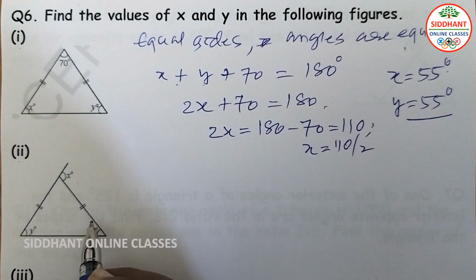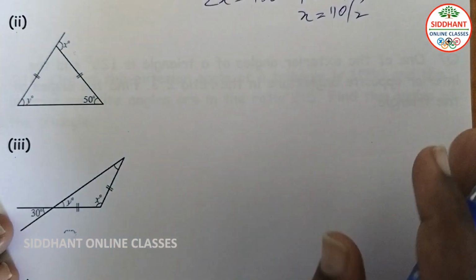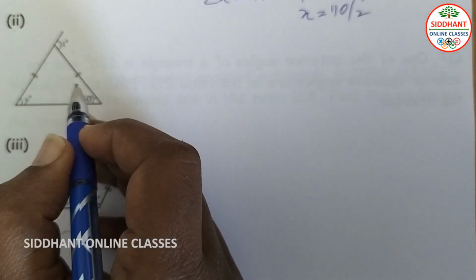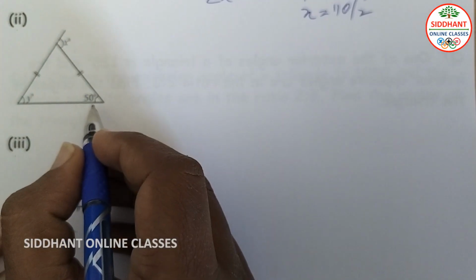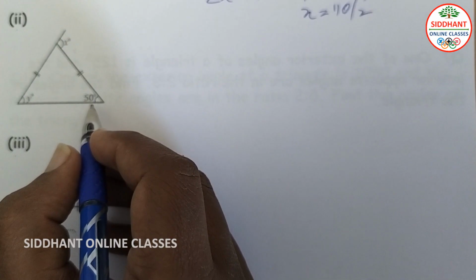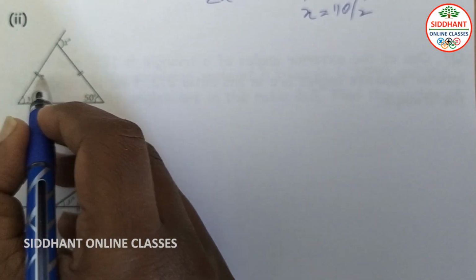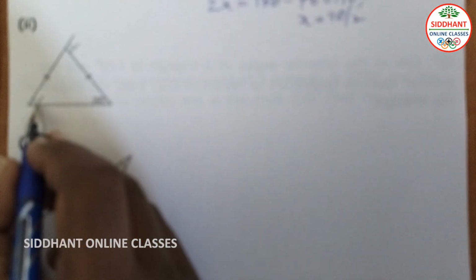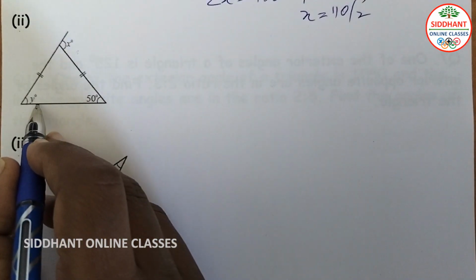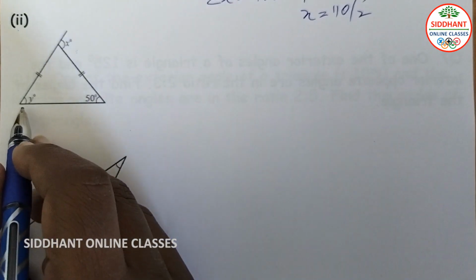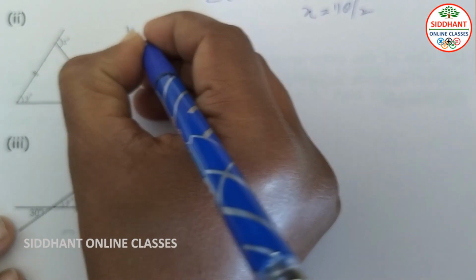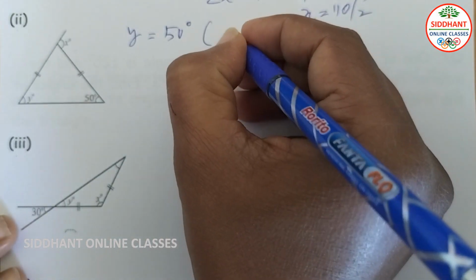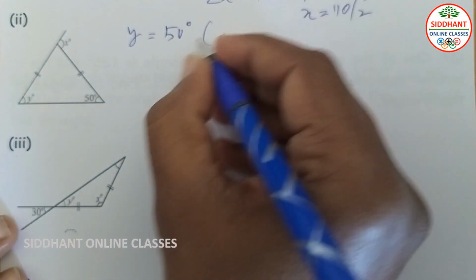In figure 2, when you are going to see, this is y and this is x, and the given data is 50 degrees one side and these two sides are equal here. When two sides are equal, then y value and this angle are the same here. That means y is equal to 50 degrees here. That means sides are equal, then angles are also equal.